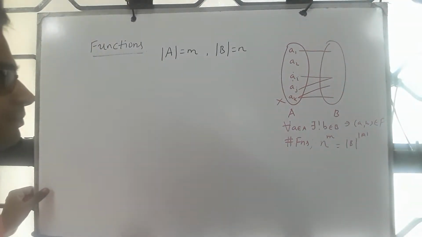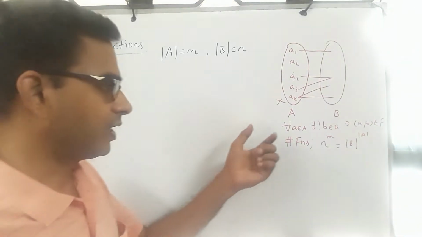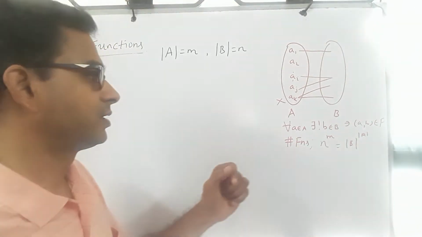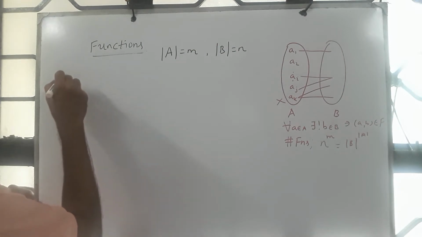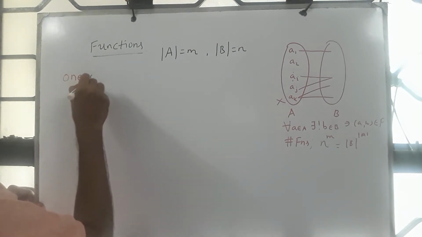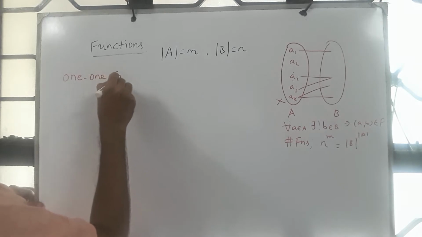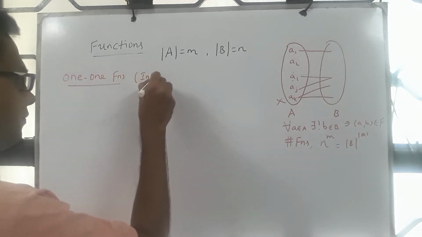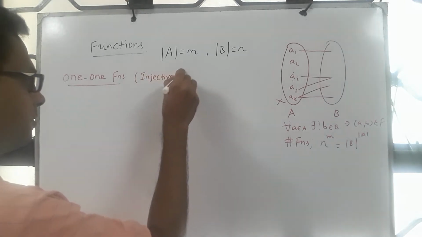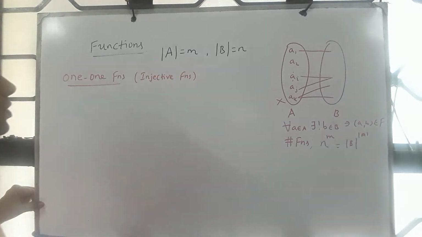Now let's bring in some variants, and the very first variant is this. We look at something called one-to-one functions. They are also called injective functions in the literature. So what are they?